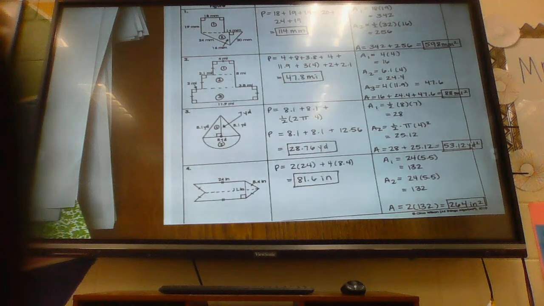All right, can I move to second page? Absolutely. I can always go back.